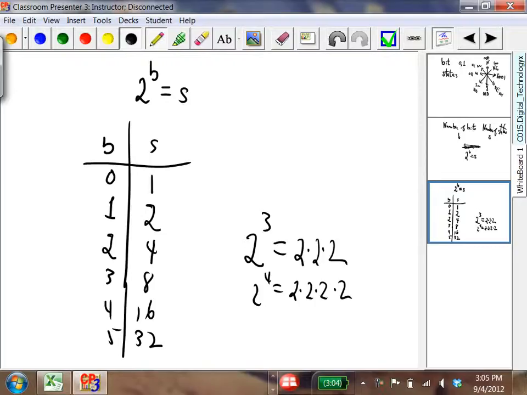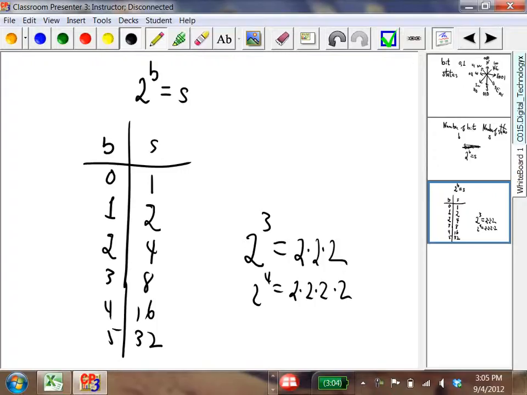I mean, this S grows pretty fast, you might notice. If you look at the little chart I've got here, B goes pretty slowly: 0, 1, 2, 3, 4, 5. S goes 1, 2, and so on. We call this exponential growth.